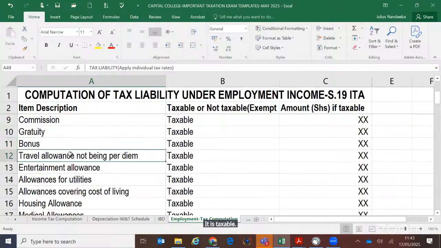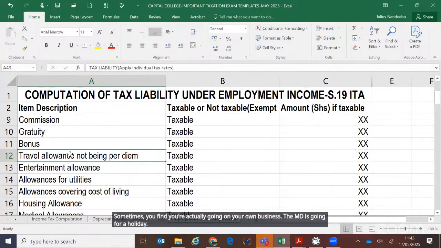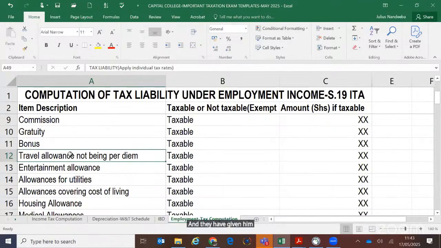Travel allowance, now I want you to be careful here. Sometimes you find you're actually going on your own business. The MD is going for a holiday and they have given him a travel allowance. That becomes taxable to him.